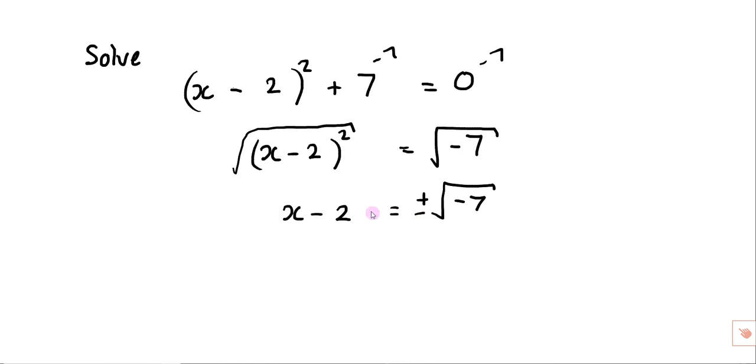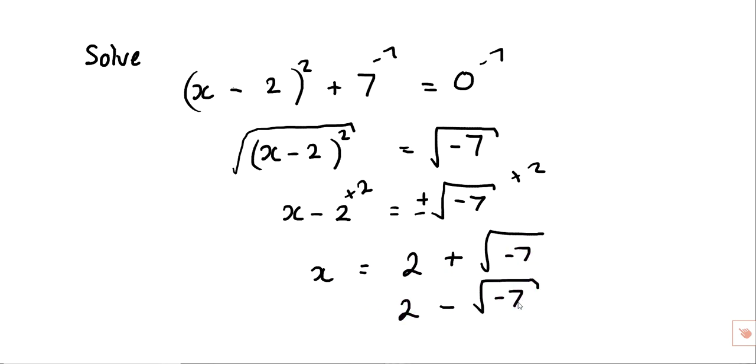You do x minus 2 equals negative, and then... Well, I have to finish off the rearrangement, so I actually add 2. So that becomes x equals 2 plus the square root of negative 7 and 2 minus the square root of negative 7.